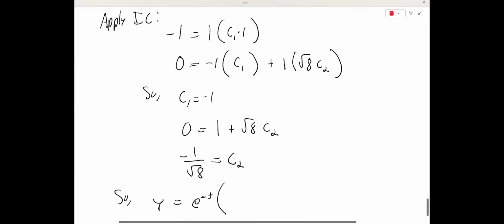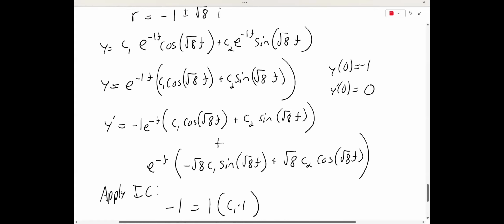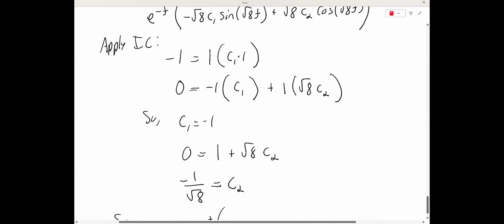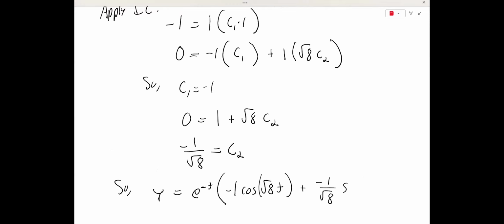Then C1 was, what was C1? -1. Square root of 8t. Plus, and then C2, that was -1 over square root of 8, sine of square root of 8t, like that.